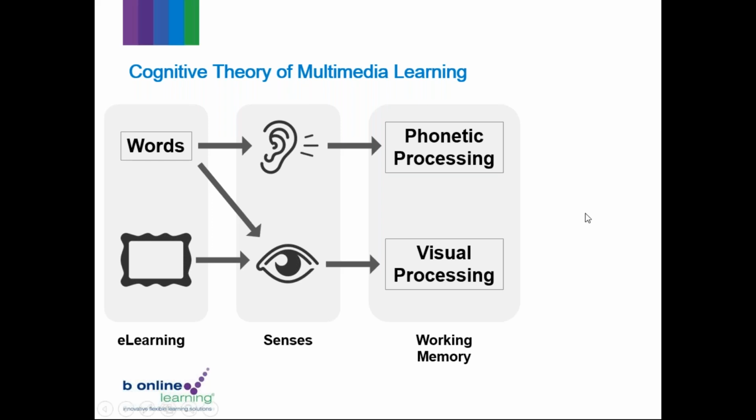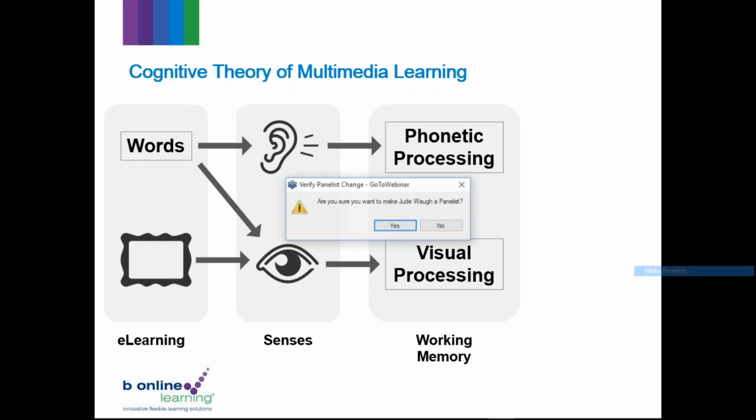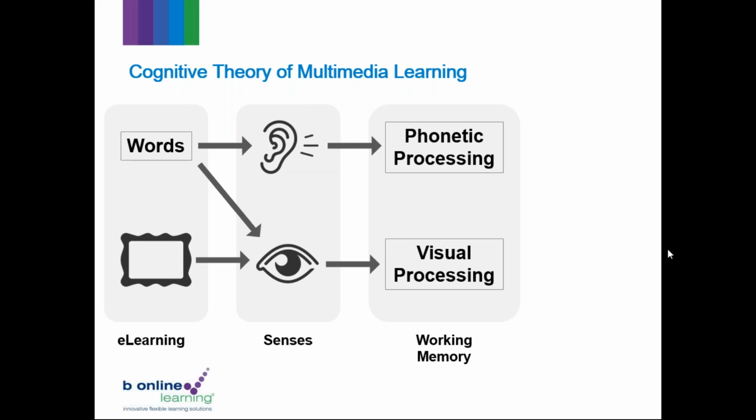If you're interested, there's a guy by the name of Miller who wrote an article called The Magical Number 7 plus or minus 2, about how much information we can hold in our working memories. The numbers aren't important, it's just that it's not very much. So we can get overloaded if we present people with too much information to take in all at once.